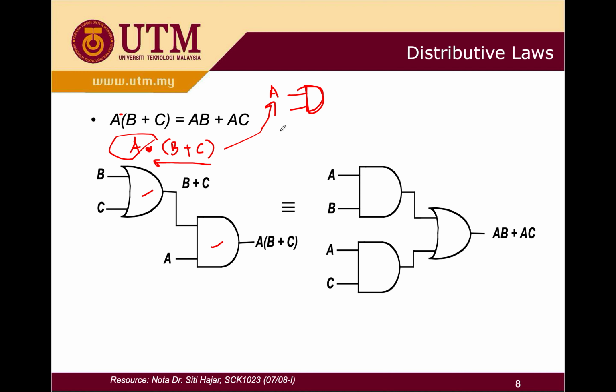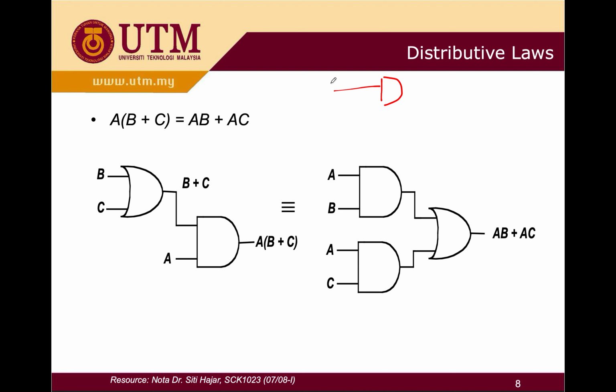So I have another input which is B plus C. So you will get your output. So what happened here? This is B plus C. So suppose it will be like, this is your AND gate, this is your A, and you have the B plus C. Of course, there is an output here.